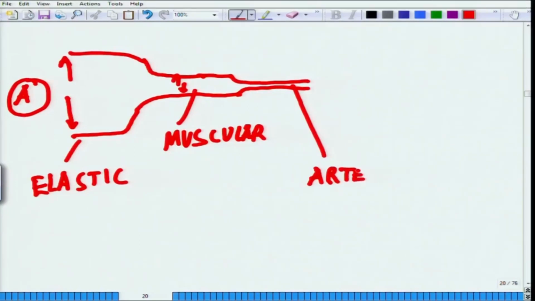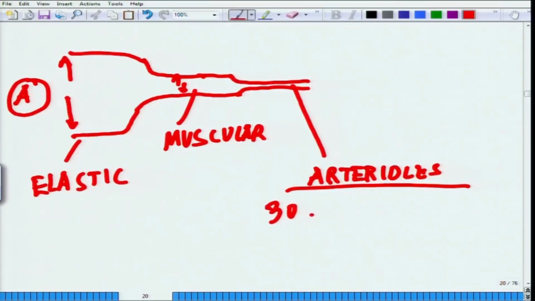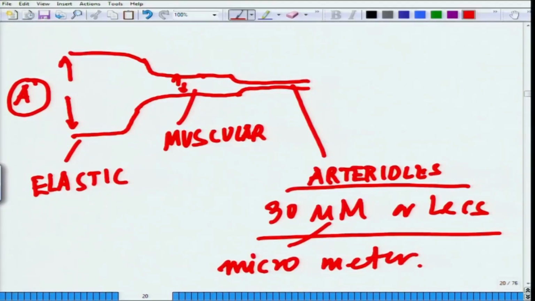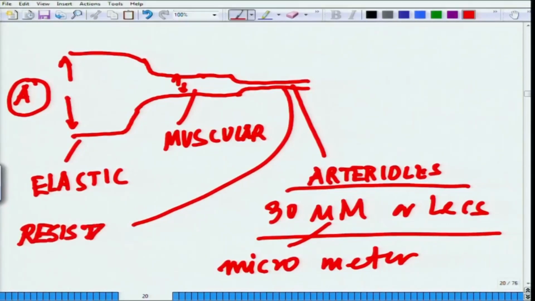Arterioles have an internal diameter of 30 micrometer or less. 30, this is micrometer, be careful. As of now, I was talking about inches and centimeter. So, arterioles have a very small diameter, and they are also sometimes referred to as resistance vessels, because they pose a lot of resistance to the blood flow.